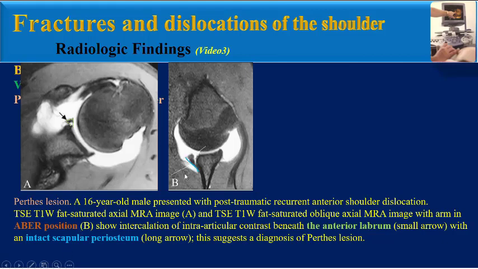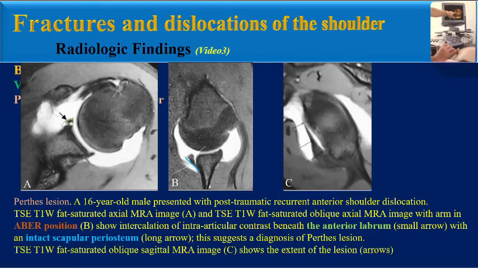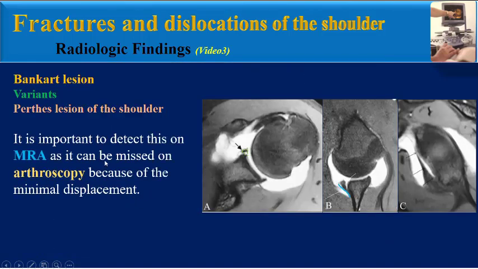This suggests a diagnosis of a Perthes lesion. This T1 fat saturated oblique sagittal MRA image shows the extent of the lesion. It's important to detect this lesion on MRA as it can be missed on arthroscopy because of the minimal displacement.